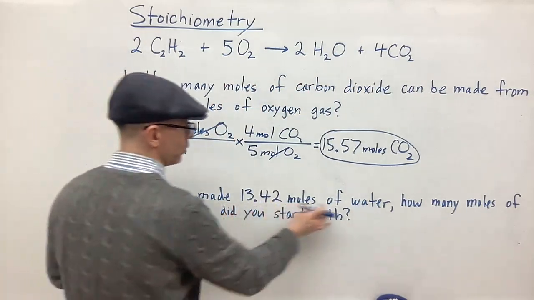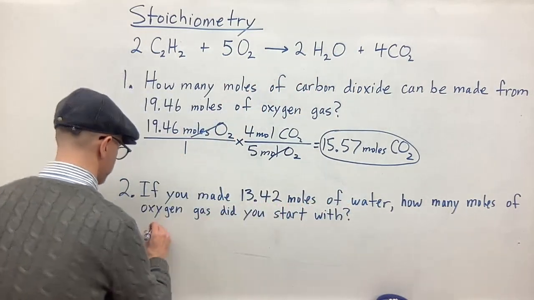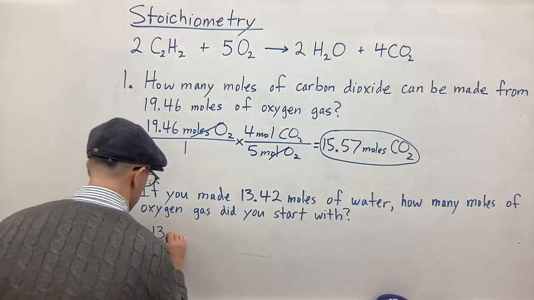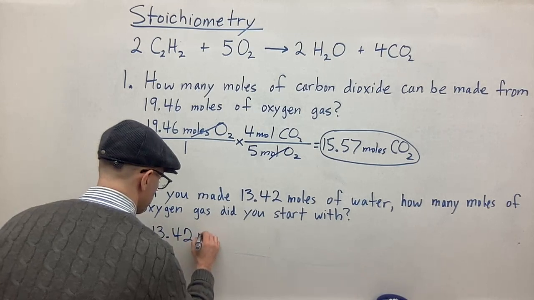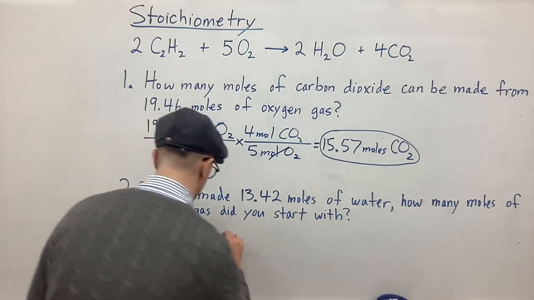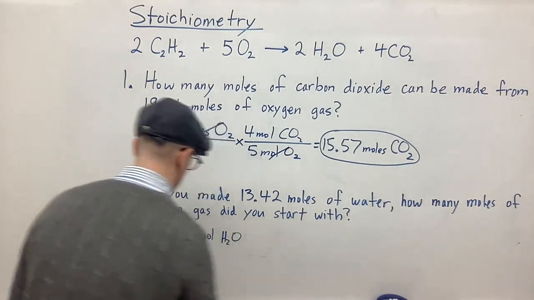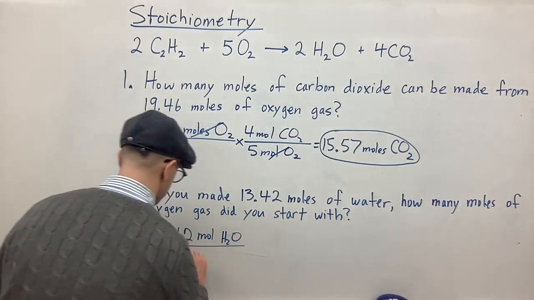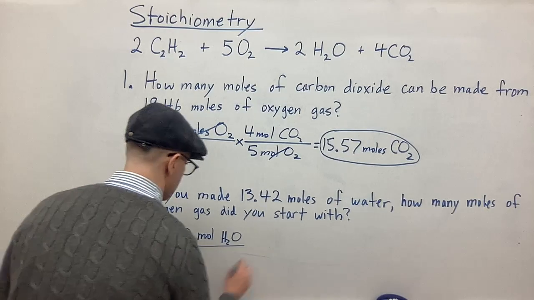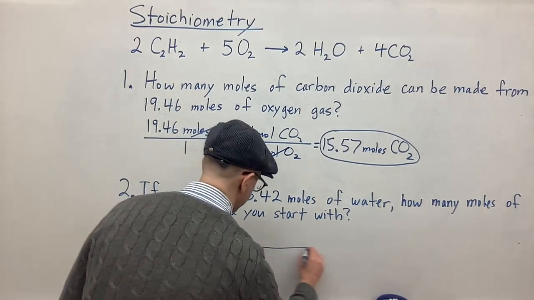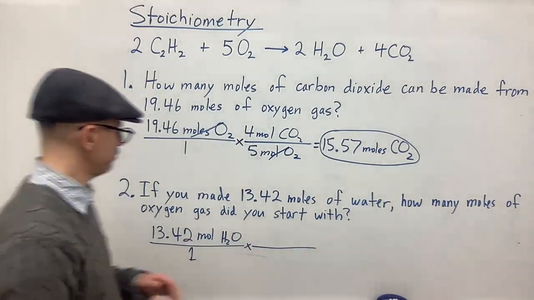So we're going to start with what we're given. So we're going to start with 13.42 moles of water. So H2O over 1. And then we're going to multiply by the conversion factor.